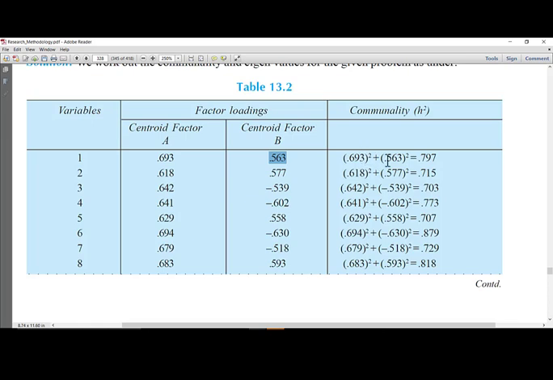So 0.693 whole square plus 0.563 whole square is 0.797.